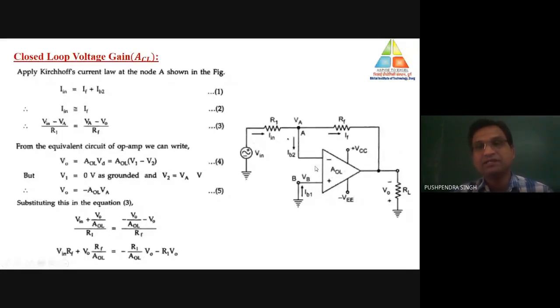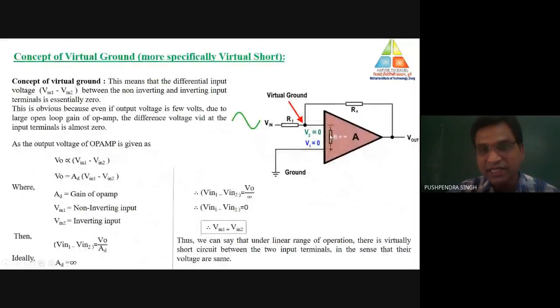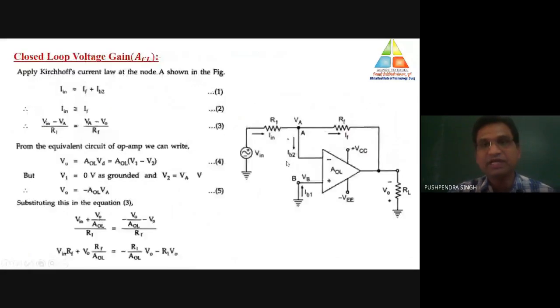In this figure you can see internally there is one resistance, and the value of this resistance is infinite. If it is infinite, no current will flow at the input terminal of the op-amp, or the input current of the op-amp is 0.